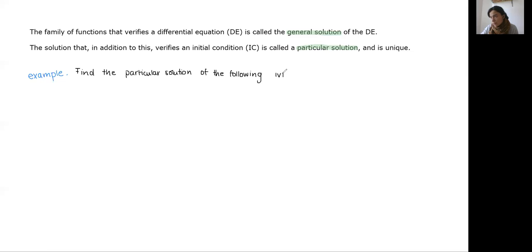Initial value problem. So for those of you who might not remember what an initial value problem is, this is a problem that includes both a differential equation and an initial condition, right? So what we're going to have is the initial value problem, which is given by the differential equation y prime is equal to -2 times x times y, and then y of 0 is equal to 4.